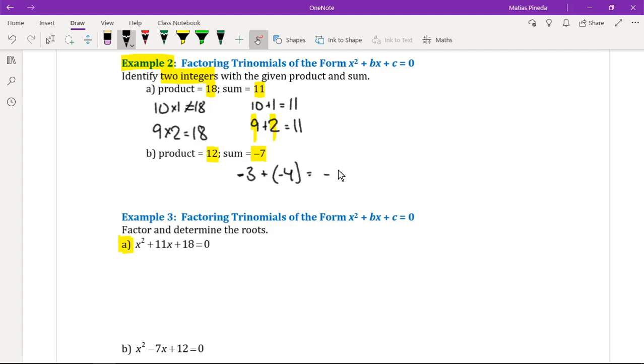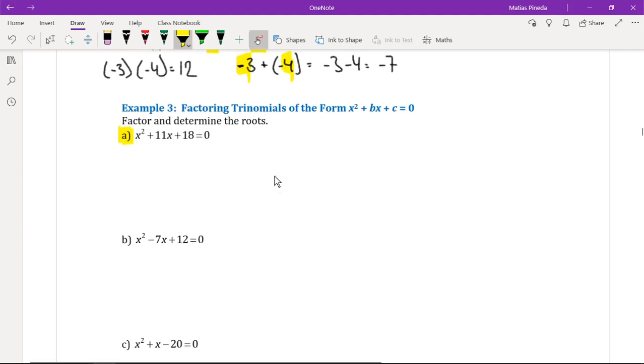This is the same thing as -3 minus 4, which is the same as -7. -3 times -4 equals +12. When we're multiplying two negative numbers, the answer is going to be positive. So the two numbers we're looking for are -3 and -4. Let's see how we can use this when we're factoring a trinomial.